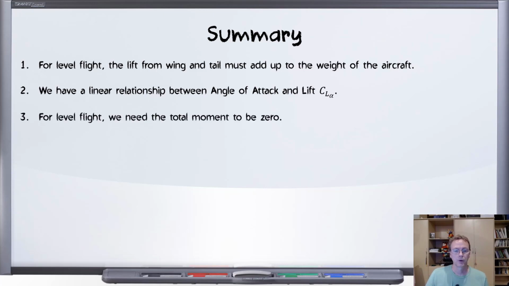Next up, we talked about the moment and the torque. And in order to keep the thing nice and level and balanced, we're going to need zero total moment or zero torque on it. And that means the torque from the wing and the torque from the tail have to cancel each other out.